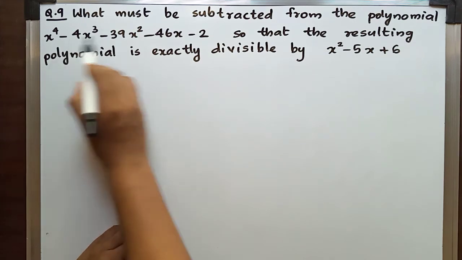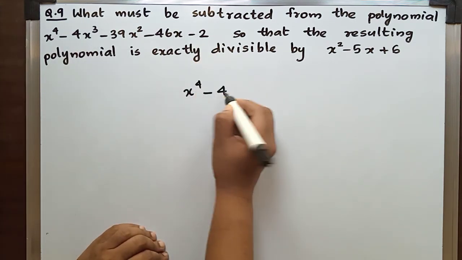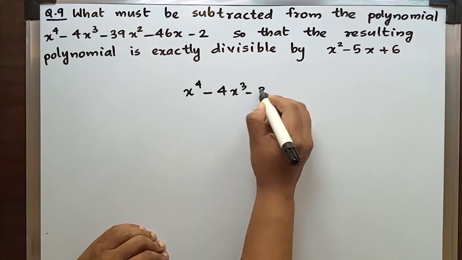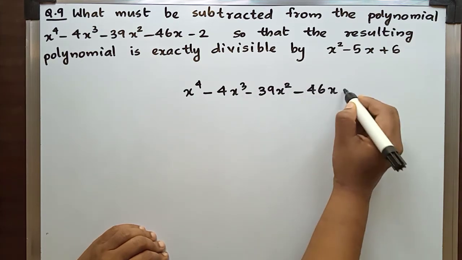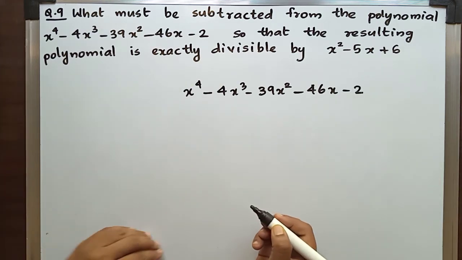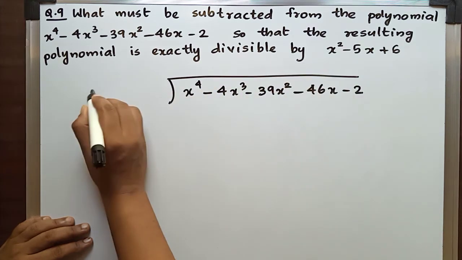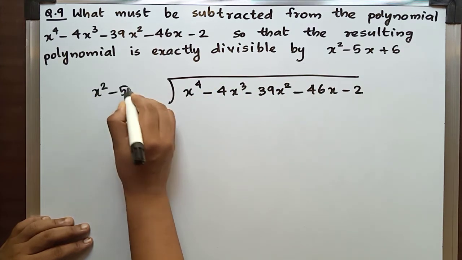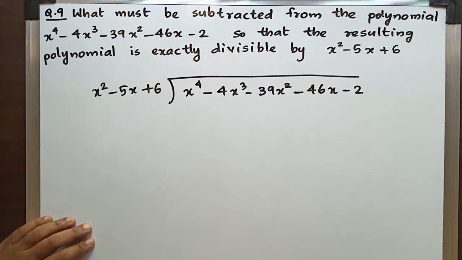We are going to divide this given polynomial x raised to 4 minus 4x cube minus 39x square minus 46x minus 2 by x square minus 5x plus 6. Then we will find what is the remainder here.